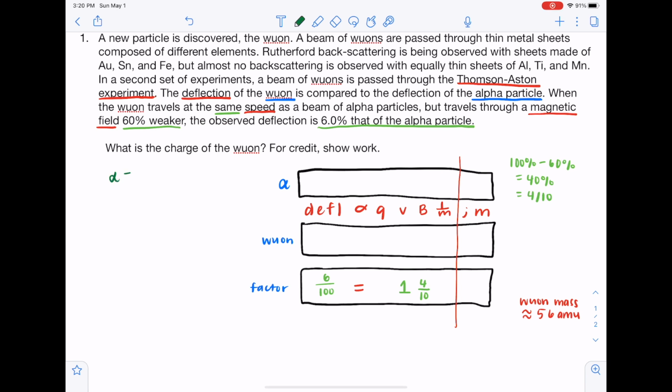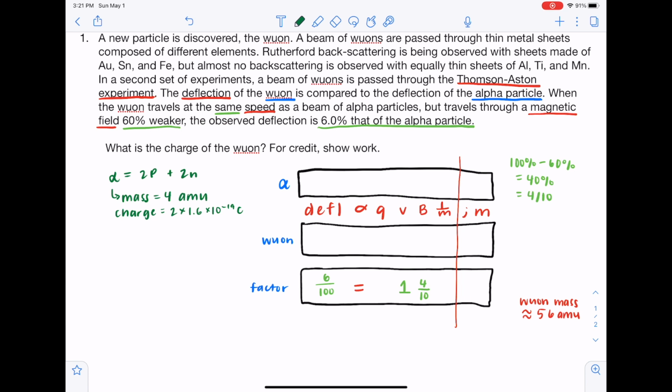Now, turning to the mass, we know that an alpha particle is 2 protons and 2 neutrons because it's just the nucleus of a helium atom. That means that the mass is going to be 4 AMU because a proton and a neutron both have a mass of 1 AMU. For charge, the neutrons don't have any charge, and then there are 2 protons, which both have a charge of 1.6 times 10 to the negative 19 coulombs.